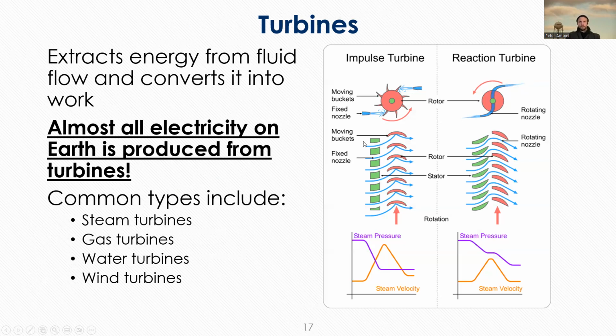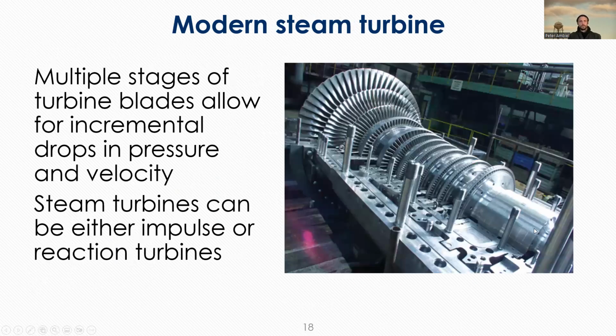The way this is arranged is that you have fluid flowing through some nozzle that then hits your blades to spin your turbine. There are slightly different configurations of how to do this, and that can be optimized to specific types of fluids and flows. So we can see what that looks like in a modern steam turbine.